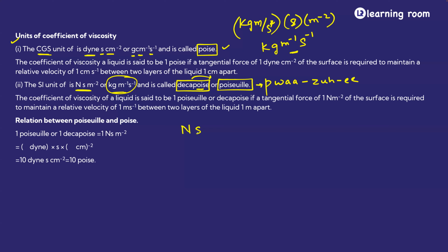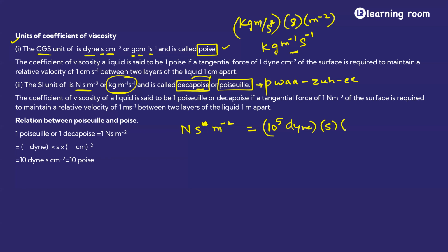When you write Newton second meter power minus 2, if I want to convert this to dyne, what are we supposed to do? 1 Newton is how many dyne? 10 power 5 dyne. Second is going to be second only.